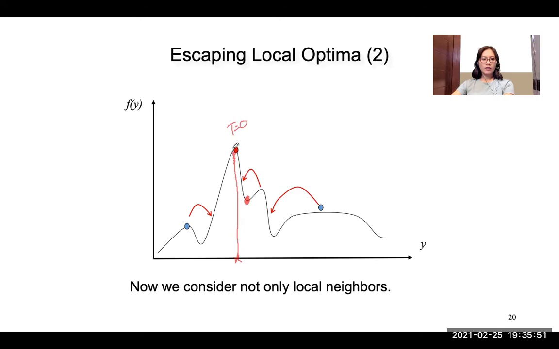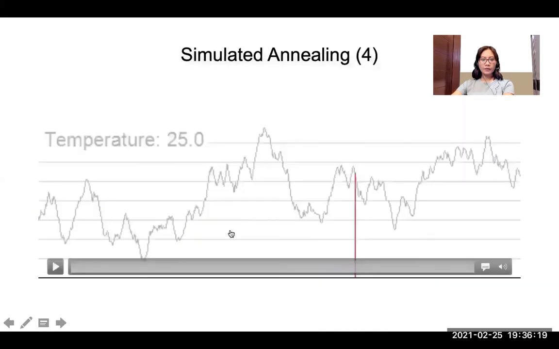So whenever it finds something next to the peak point, it can always find the peak point, and then it finally stops. Why stop? Because it doesn't want to accept any solution that is worse than the current solution. That's why the simulated annealing can find the global maxima like this.